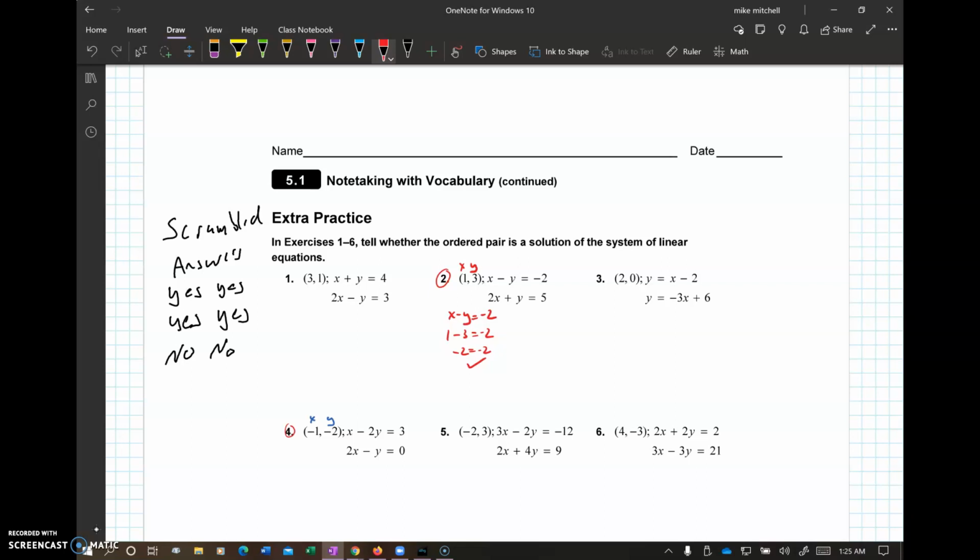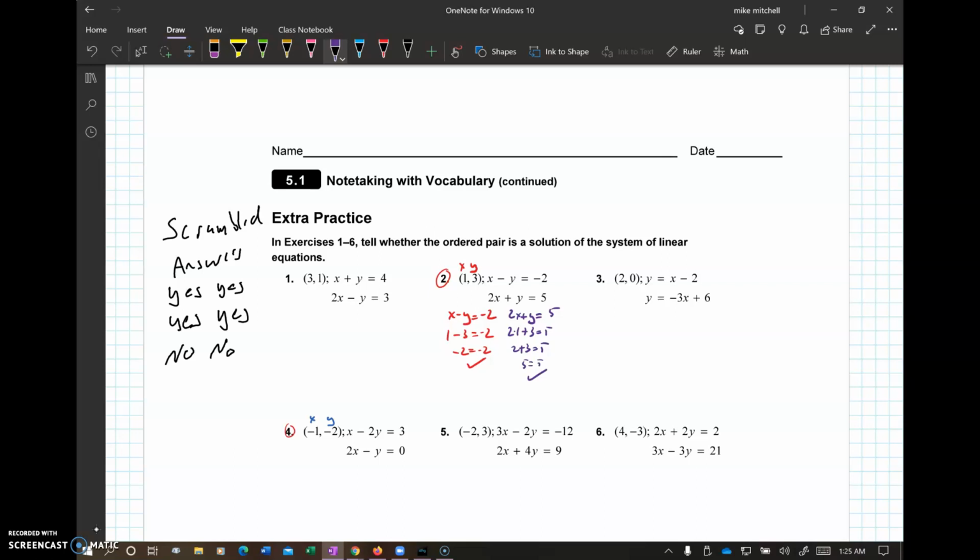I'm going to check the second equation here. 2x plus y equals 5. Again, you don't have to write that down. You can see it there if it helps you see it. So that's 2 times 1 plus 3 equals 5. 2 plus 3 equals 5. That's going to be 5 equals 5.